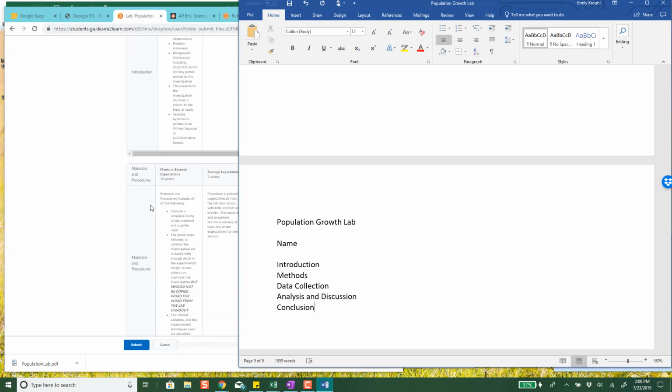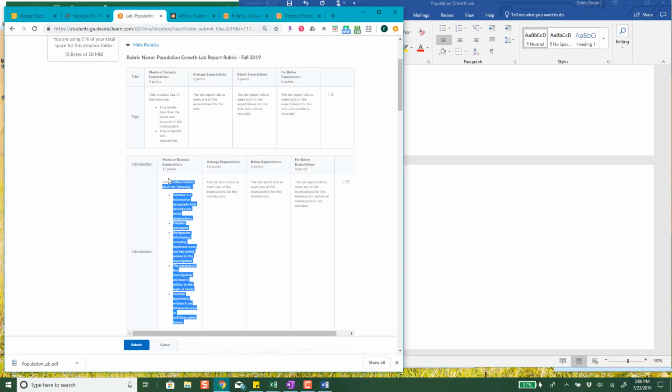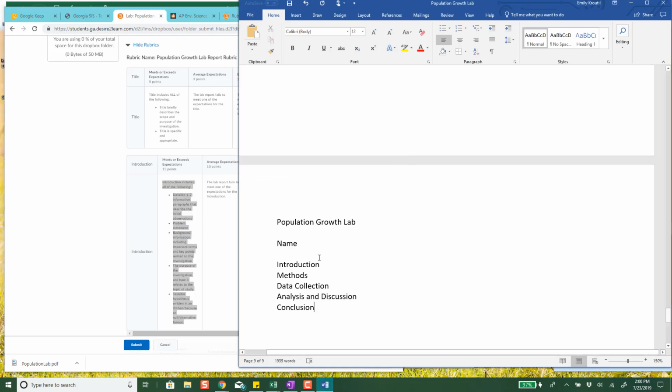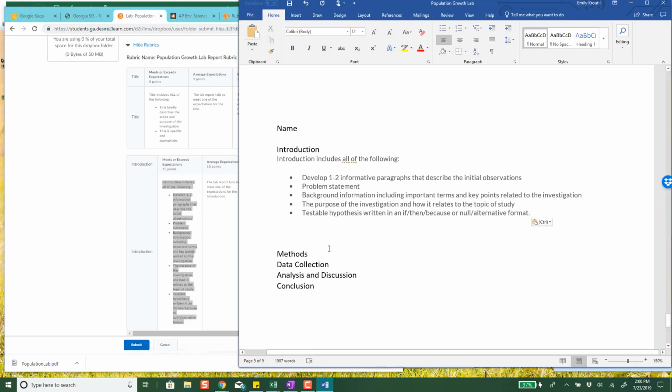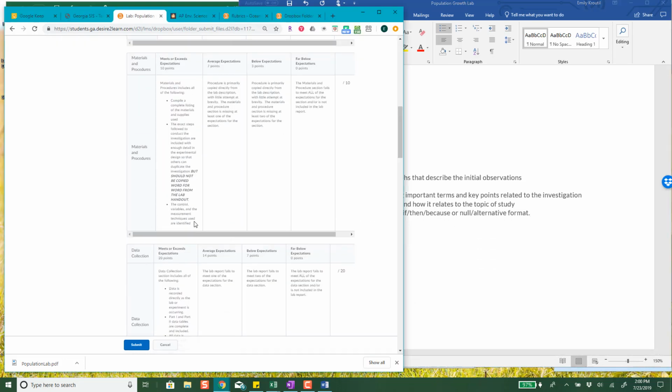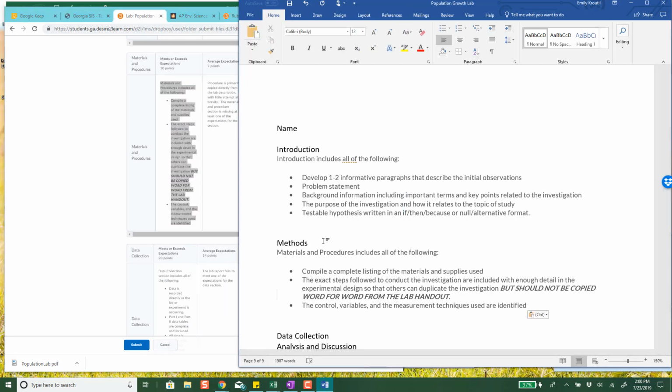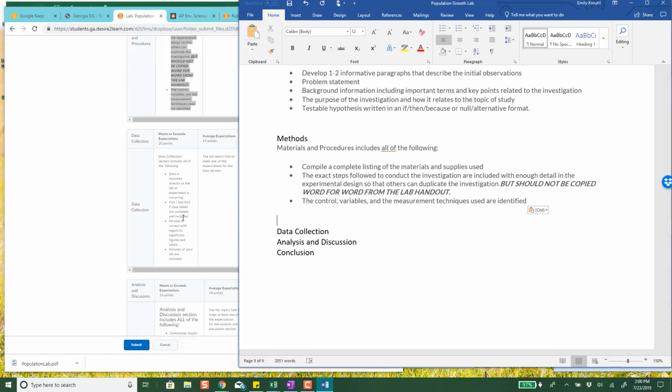I would take this from the main area of the rubric and copy it here, and then make sure that you've got all that stuff in that section.